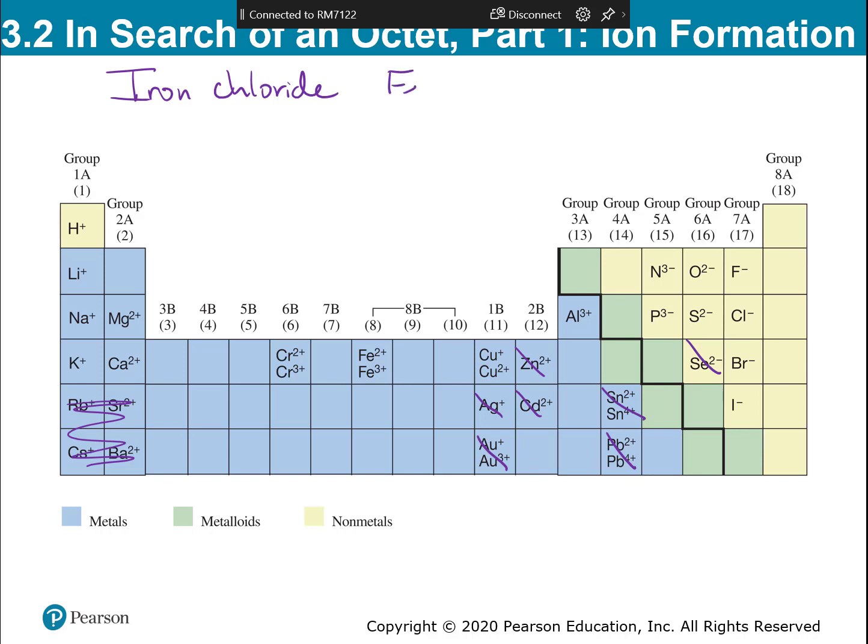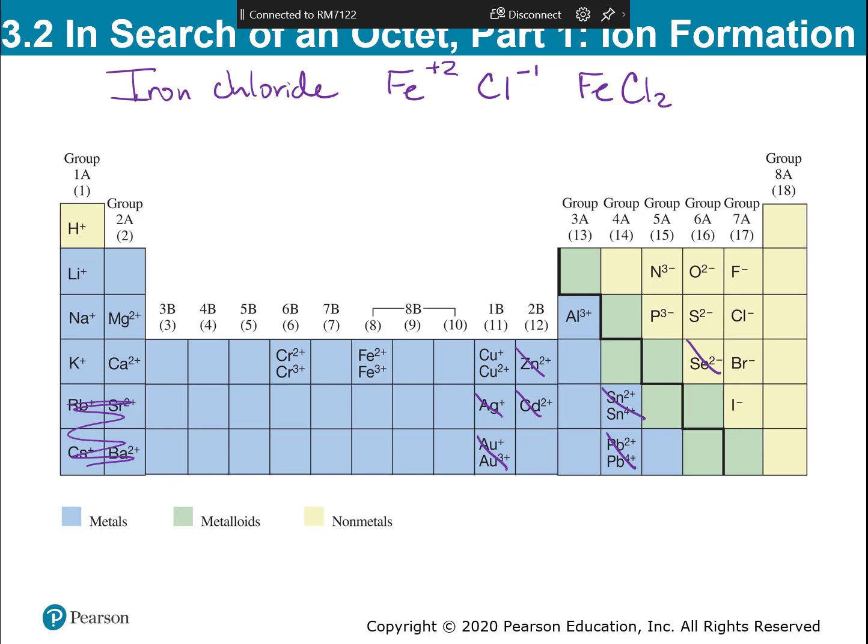So starting off, what if I have iron with a +2? What would the formula be for that? It'd be FeCl2. So notice this is B. So if I had iron with the +2, chlorine's always going to have a -1 because it's in group 7, right? So when I do the swap here, I would have FeCl2.